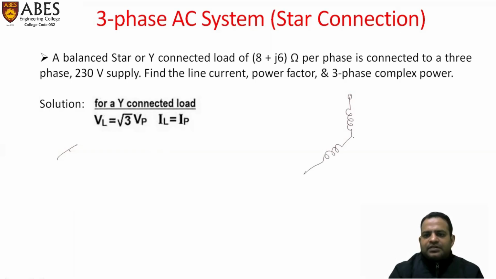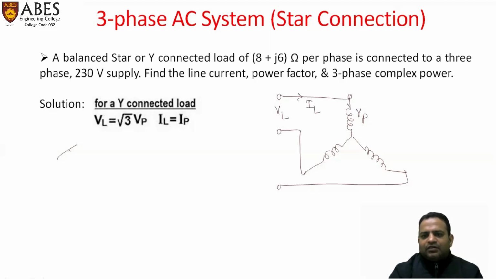This is our star connection. This is the phase voltage and this is the line voltage. This is the line current or this is the phase current.